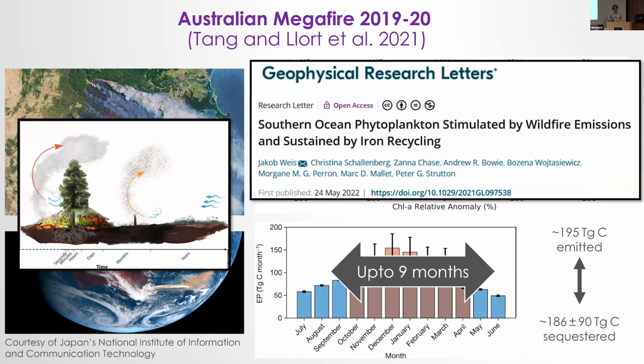The other really interesting thing to think about for this particular phytoplankton bloom is its duration. It lasted up to 9 months. That's a very long time for a phytoplankton bloom, well beyond the time in which the fire itself was actually occurring. So why might it last that long? The authors here, Weiss et al., had a look at that, and what they suggested is it was the size of the bloom.